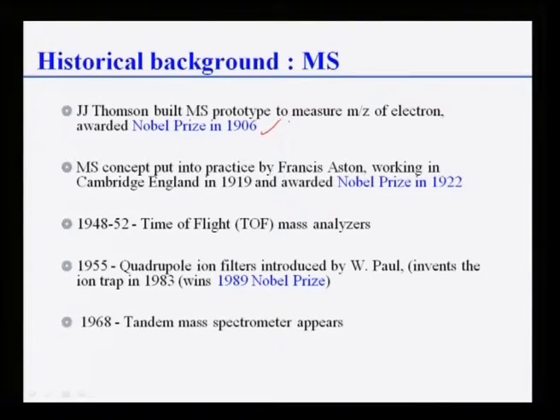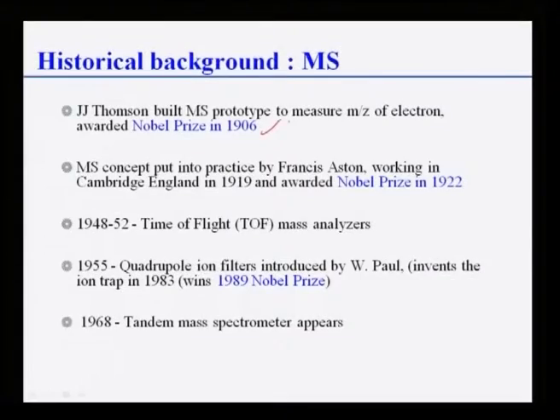But the first concept of mass spectroscopy was put into practice by Francis Aston, who was working in Cambridge in England, and he was also awarded the Nobel Prize in 1922.